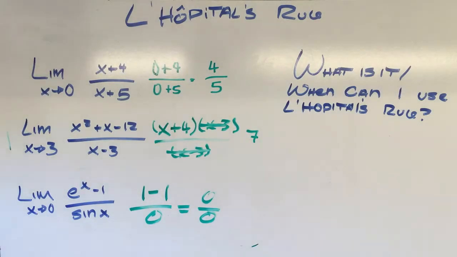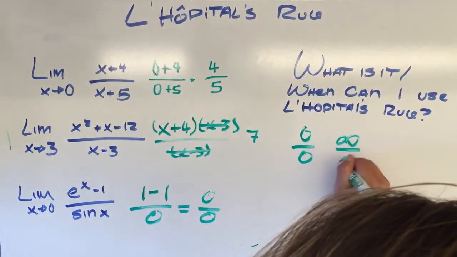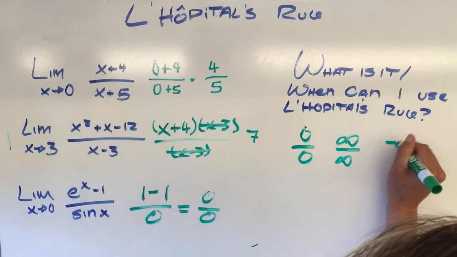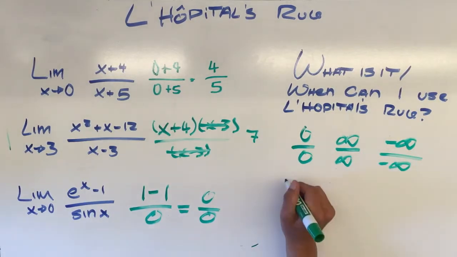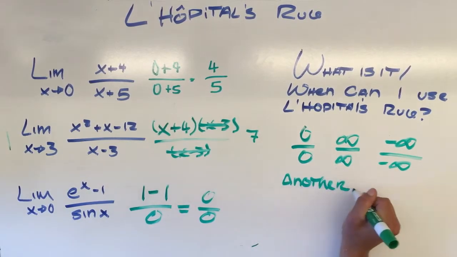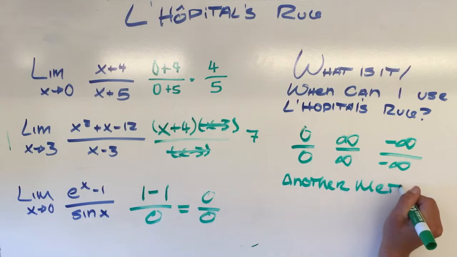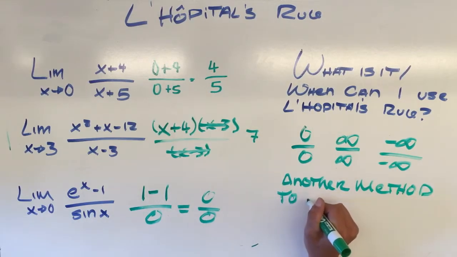You can use L'Hopital's rule in situations when you plug in values and you either get 0 over 0, infinity over infinity, or negative infinity over negative infinity. It's another method to evaluate limits that meet the above conditions.